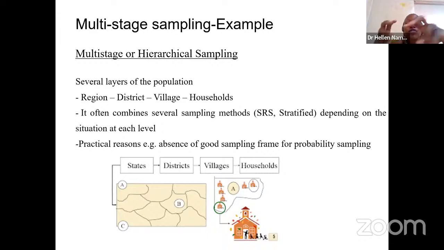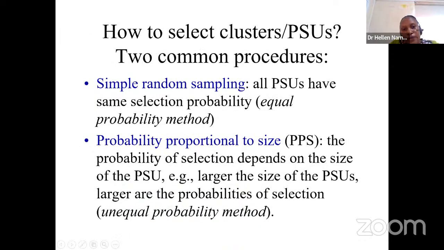After the districts, you go further down, you move on to the villages. And then the moment you get the villages, you can further move on to households, and then select the elements that you want. So most often, multi-stage sampling involves several sampling methods, like I mentioned, the stratified, the cluster, and then simple random sampling. All right, this is just an example that you can talk about.